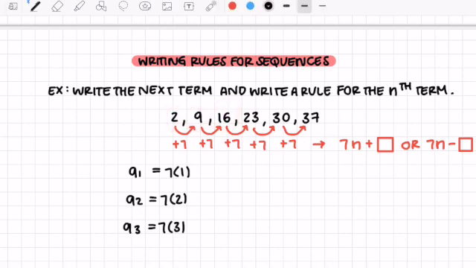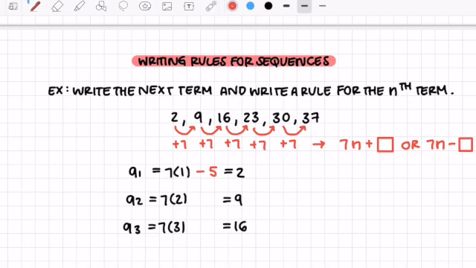So 7 times 1 has to give 2, 7 times 2 has to give 9, and 7 times 3 has to give 16. It's definitely not going to be adding, because that would make the number bigger than 7. It seems like it's subtracting, and it seems like I can subtract 5.